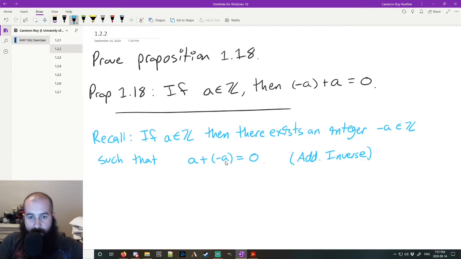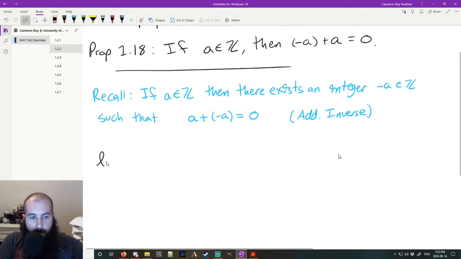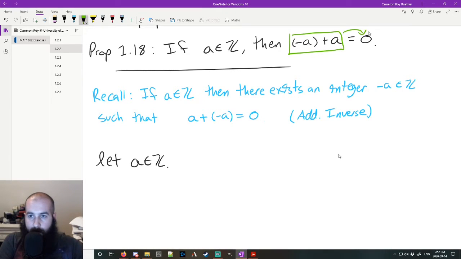And just as with the last exercise, we can quickly arrive at a form where we can apply this axiom by using commutativity. So let's start our proof by saying that we're going to let a be an integer. Again, we're justifying an equality. So I'm going to start with this side and connect it to this side via a chain of axioms.